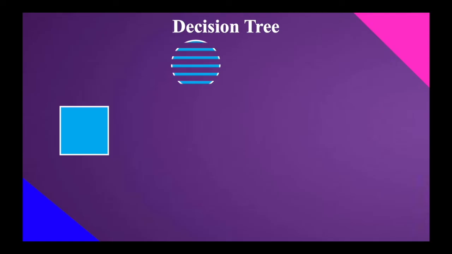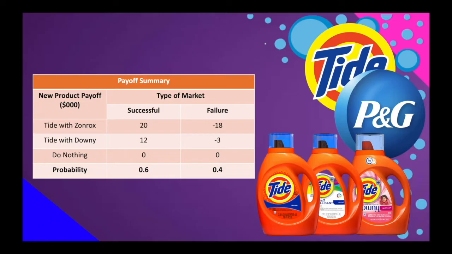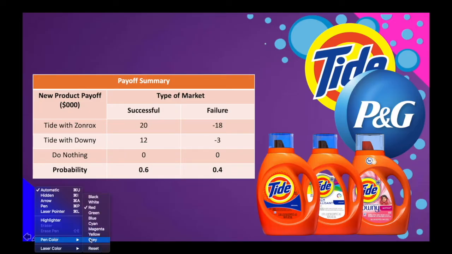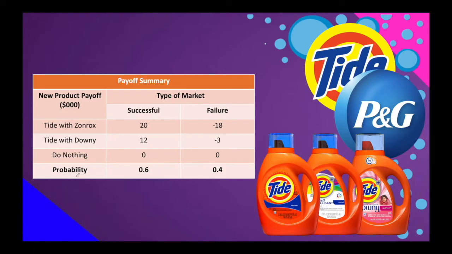Now, let's have our next node, node number 2, which is an event node. Okay, what is this event node? This event node will actually represent Tide with Sunrocks. Let me get my pen. Okay, so this is node number 2, Tide with Sunrocks.